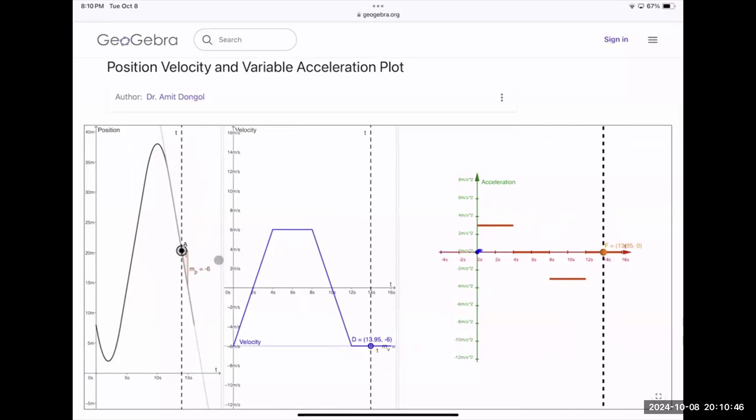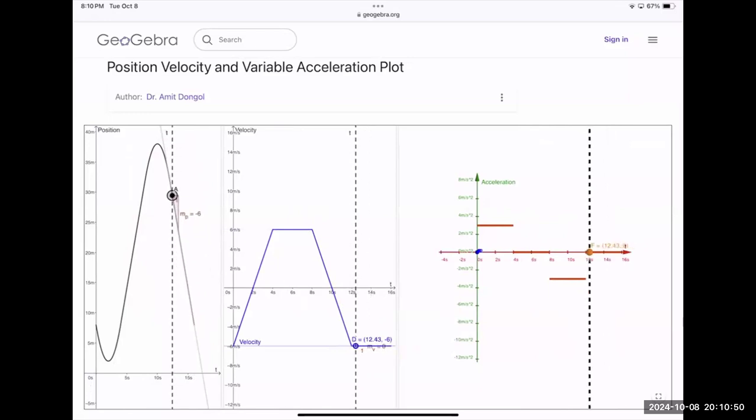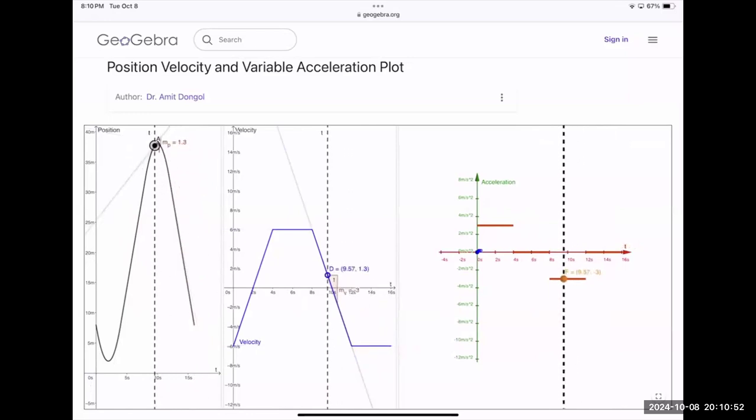Whenever my velocity is not constant, for example here, my velocity is changing at every point. Right now this 9.57 is the time, and the velocity is like 1.3 meters per second on this y-axis.